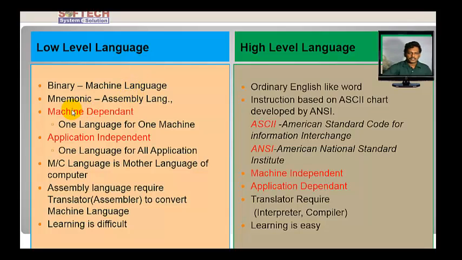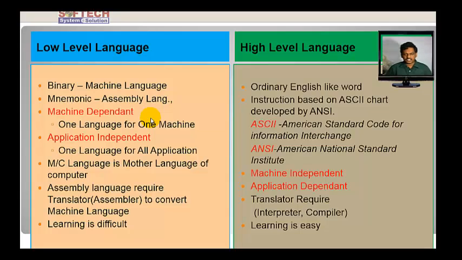But it is machine dependent and application independent. We want to know these two concepts, machine dependent and application independent. It is very important for understanding computer languages. What is machine dependent? It is one language for one machine. If a computer has one processor, it has its own language. For example, 8085 is one of the microprocessors, and it has its own instruction set.